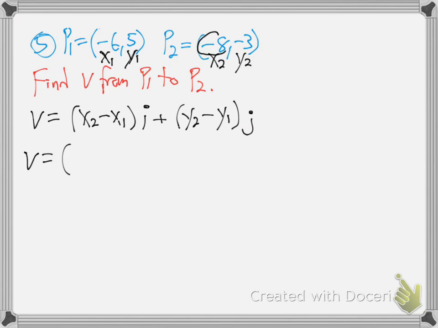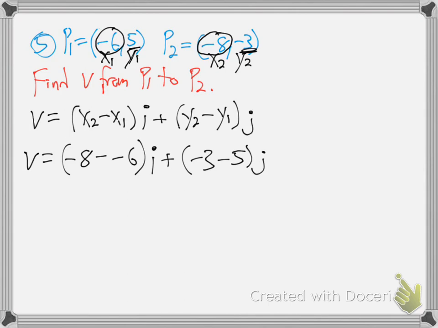So here is x2 minus x1: -8 minus -6, i, good so far, plus y2 minus y1, j. So difference of x values i, difference of y values j.